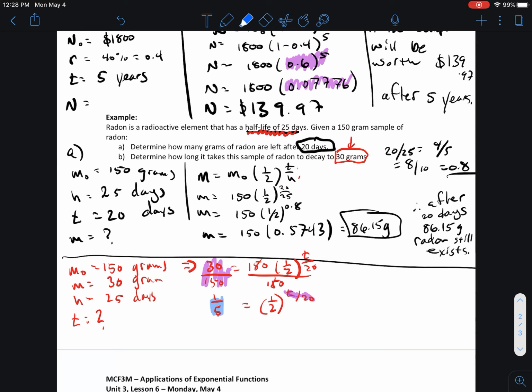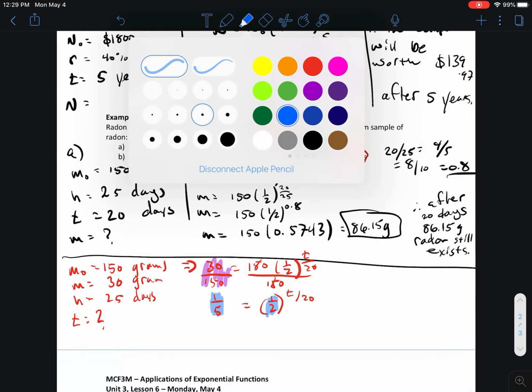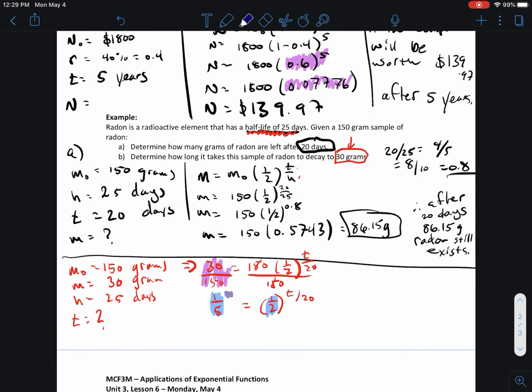Your job, if you remember, in order to do anything, was to make the bases match. Because the variable that you're trying to solve for is in the exponent on this side, with the 1/2, your job is going to be to figure out, and this is the tricky part, what do I need to raise this to in order to give me 1/2.